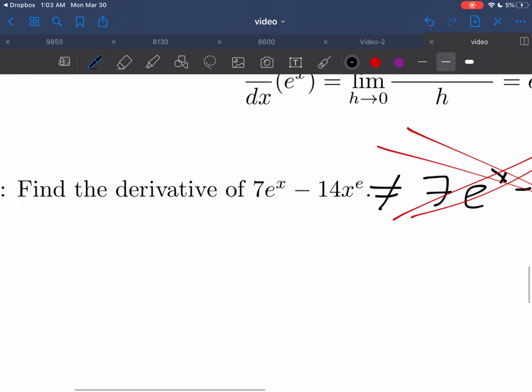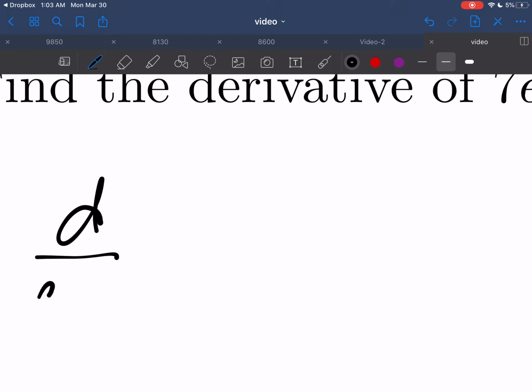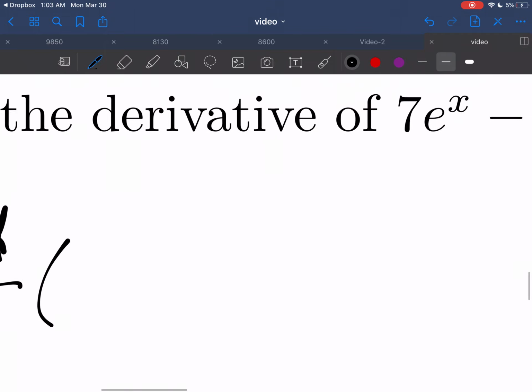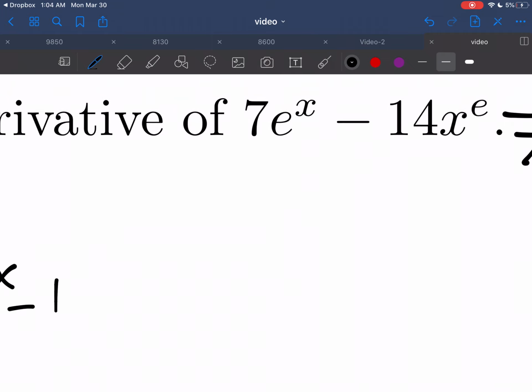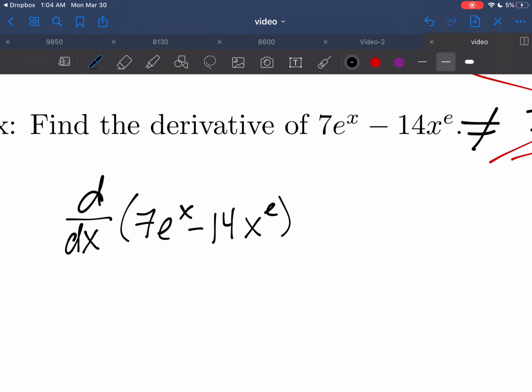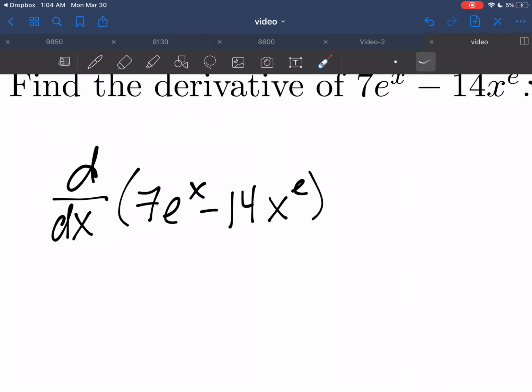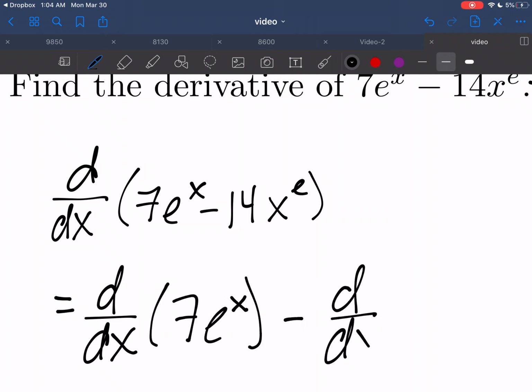What it is instead is, we'll take the derivative of 7e to the x minus 14x to the e. Since we're taking the derivative of this function, we see it's a sum and difference. So we'll split it: the derivative with respect to x of 7e to the x minus the derivative with respect to x of 14x to the e.